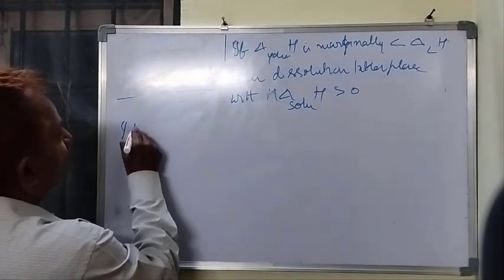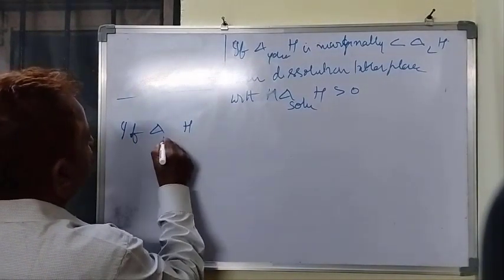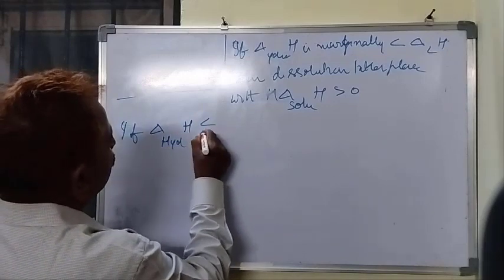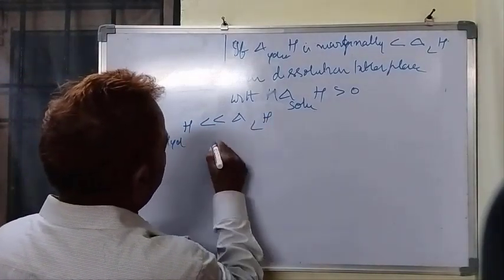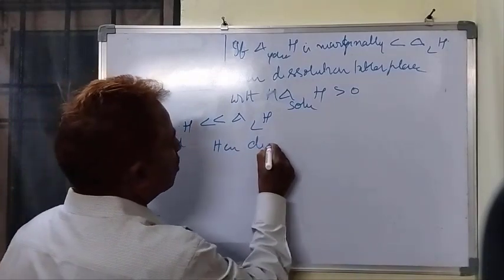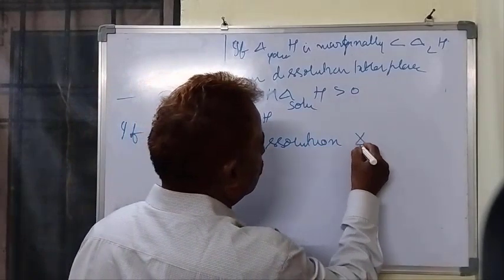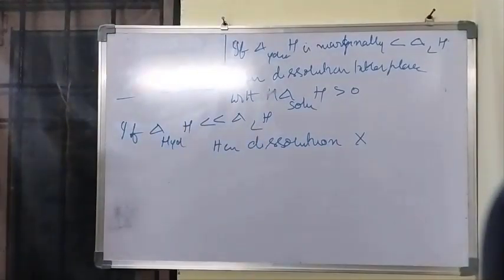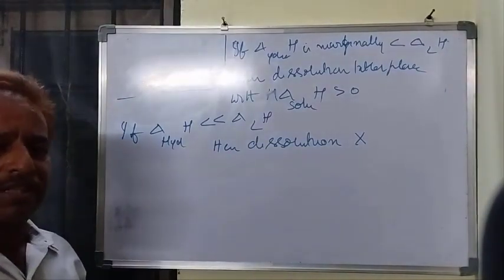Now, if delta H hydration is far less than delta H lattice enthalpy, then dissolution does not take place. So these are the causes of solubility of a solid in a liquid.